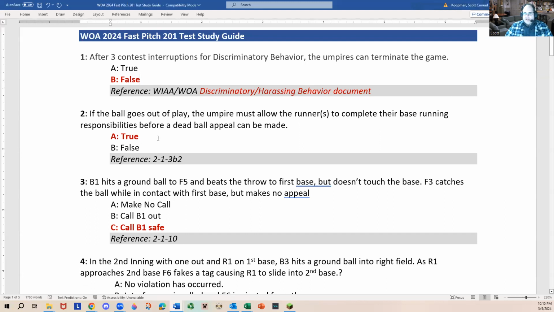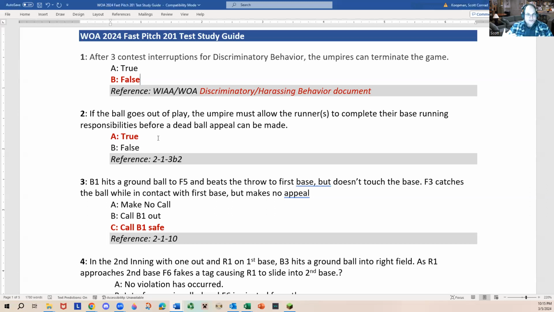Number 2, if the ball goes out of play, the umpire must allow the runners to complete their base running responsibilities before a dead ball appeal can be made. So this question is predicated on the idea that, say, a ball is hit on the ground to the second baseman, who fields the ball, throws to first, and it's an overthrow that then goes into a dugout.